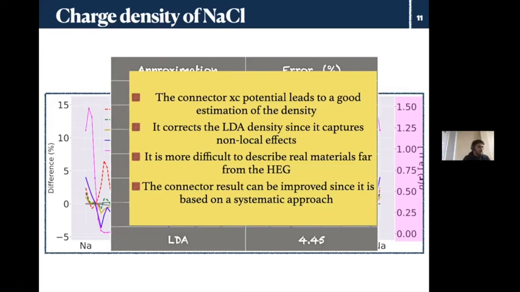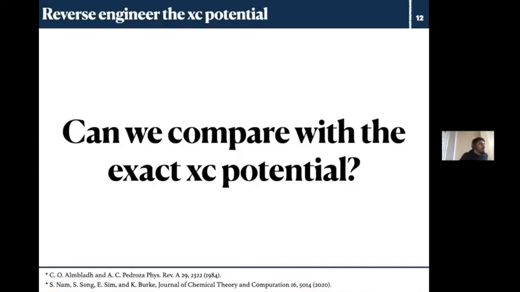Also, the connector results can be improved since it's based on a systematic approach. For example, for sodium chloride, we can use a non-homogeneous model, or we can use a better approximation to improve the connector result. Now, we come to the question of whether we can compare directly the connector VXC with the exact VXC for silicon and sodium chloride.